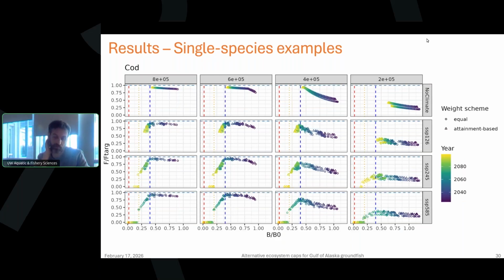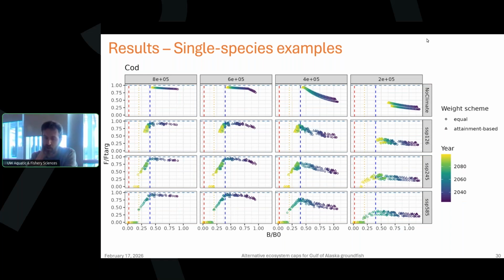At no point is there a cap constraining your catches in that case, and you get to see in the bottom left, as stock biomass goes down, the left-hand side of the control rule. So that's the 20% HCR that shuts down the fishery when you hit 20%.